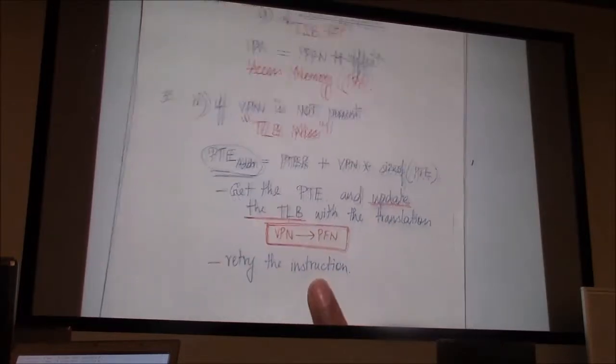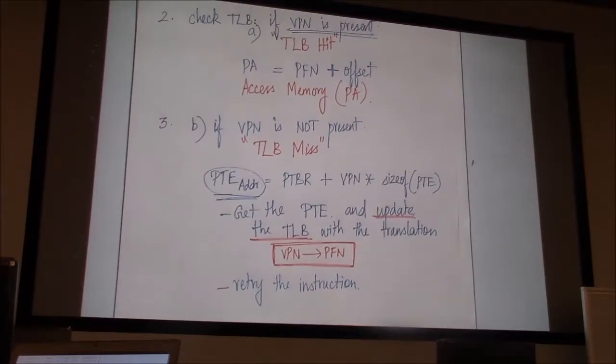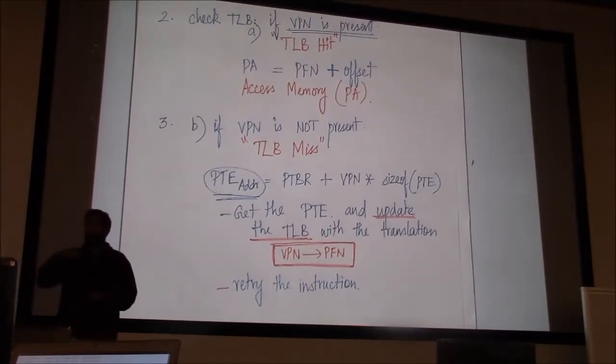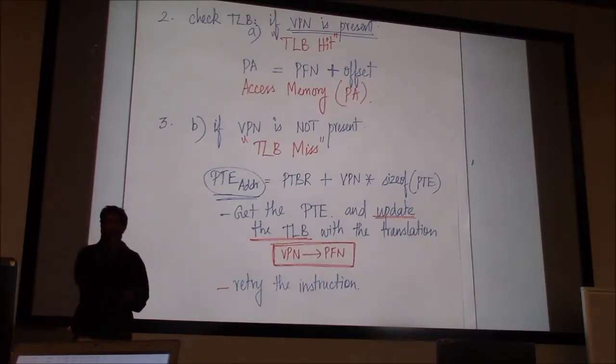When we retry, the first time the instruction tried to execute, like move 200, EAX, that virtual address 200 was not in the TLB, but it was somewhere in the page table. Now we have updated the TLB, so that instruction will be executed again.